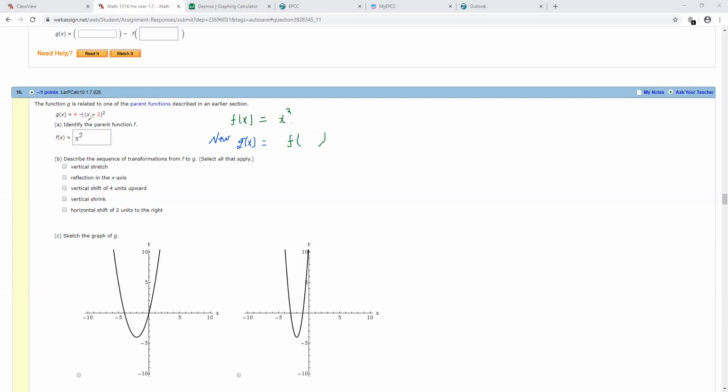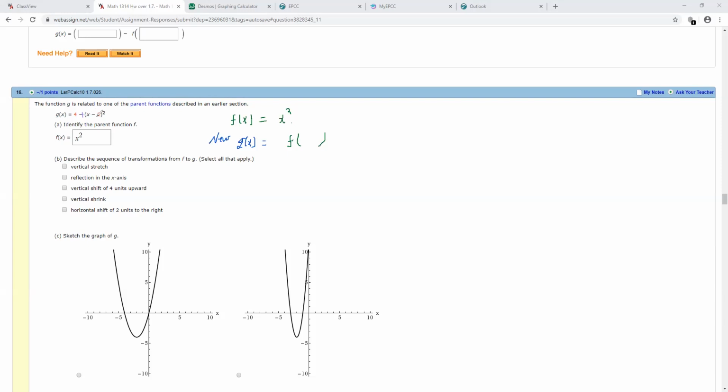So first of all, what about any changes inside the original function? Inside the x squared. So here is inside the squaring function. And what's being done? Is there a multiplication of -1 next to the x inside, which would be a reflection over the y-axis? No, I don't see a multiplication. I see a multiplication of -1 outside. That is a reflection, but outside is over the x-axis, not inside.